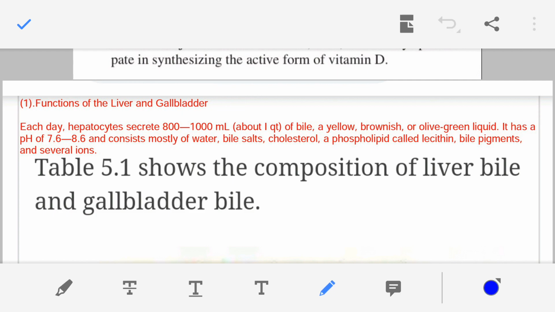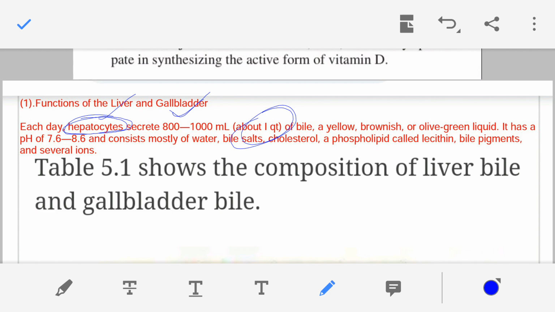Now we know that 80% of the liver area is covered by hepatocytes, and these hepatocytes are the cells of the liver. Daily, the hepatocytes secrete 800 to 1000 ml of bile, that is approximately 1 liter of bile.